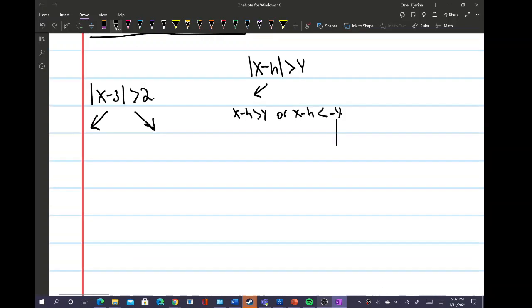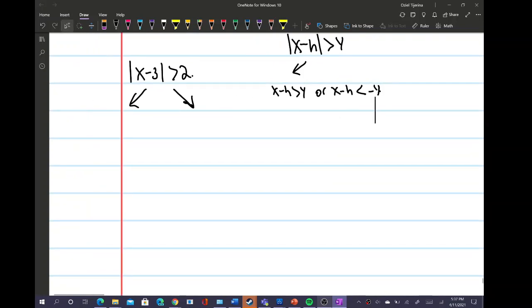So, how it works with absolute value inequalities, you change the sign, and you change the sign of the number that is next to the inequality. So this would be x minus 3 is greater than 2, or x minus 3 is less than negative 2.